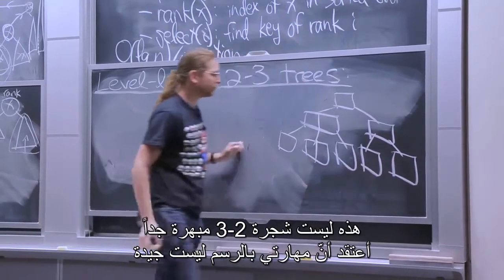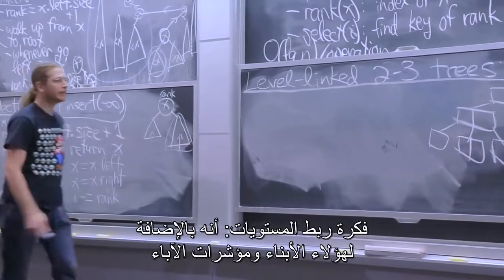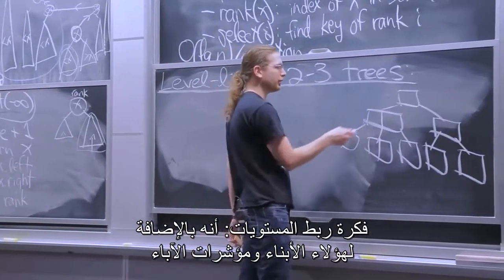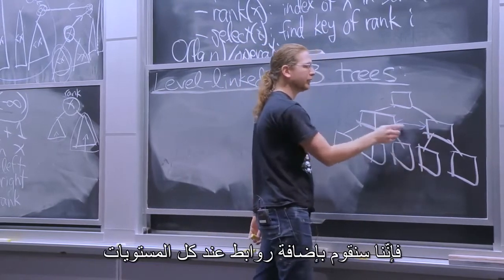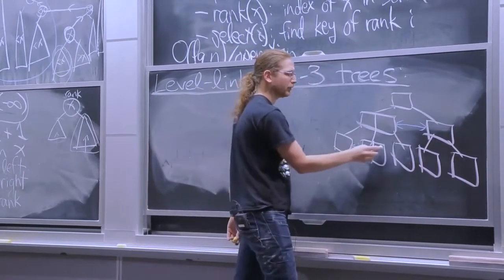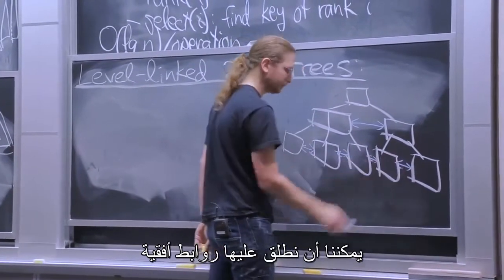Not a very impressive 2-3 tree, because I don't feel like drawing too much. Level linking is the idea of, in addition to these child and parent pointers, we're going to add links on all the levels. Horizontal links, you might call them.